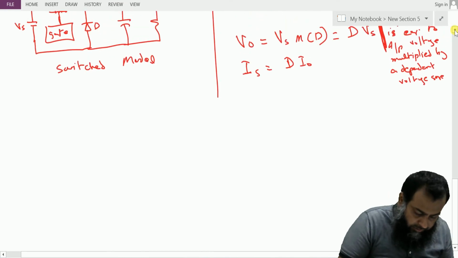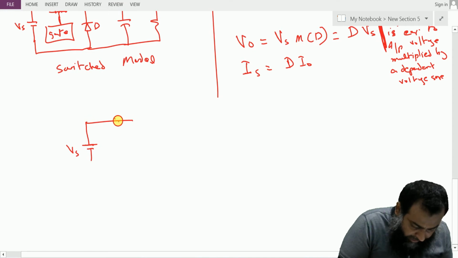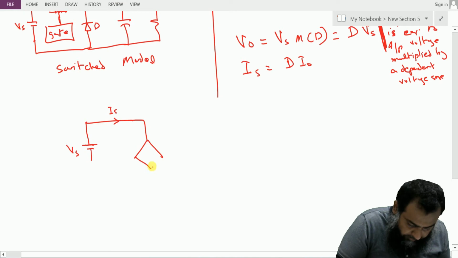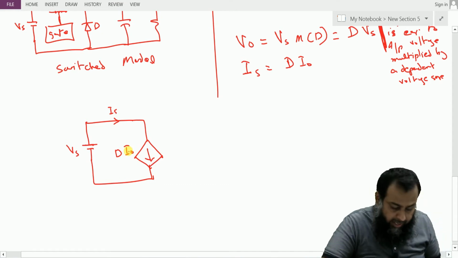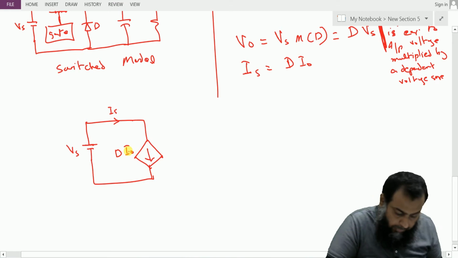Based on these two equations, if for my given converter this is Vs, then this source current Is is equal to D times I naught, where D is the gain of this dependent current source.